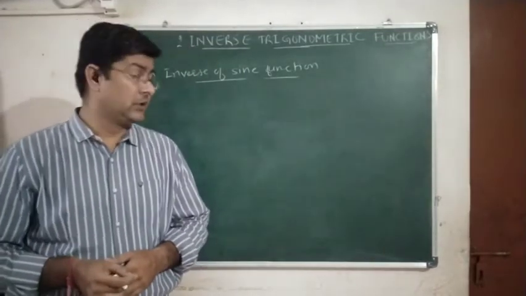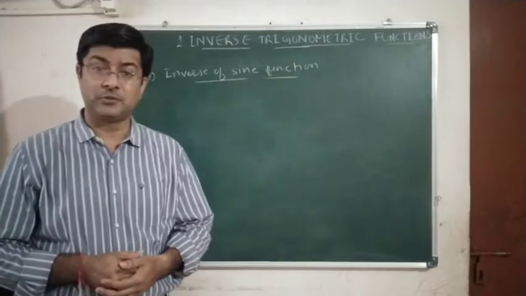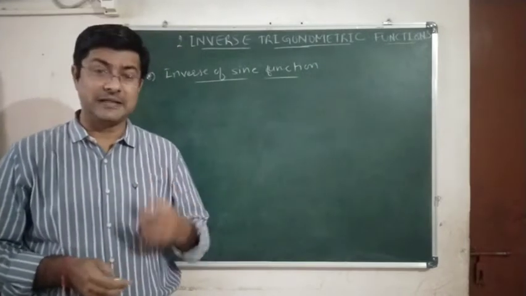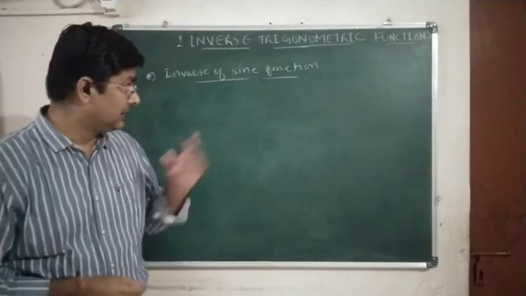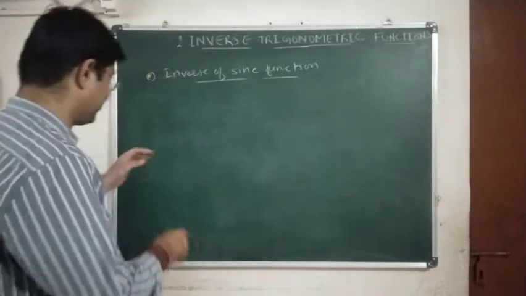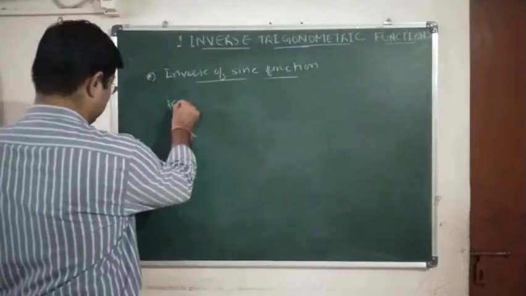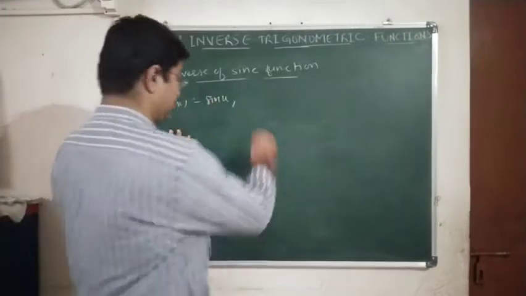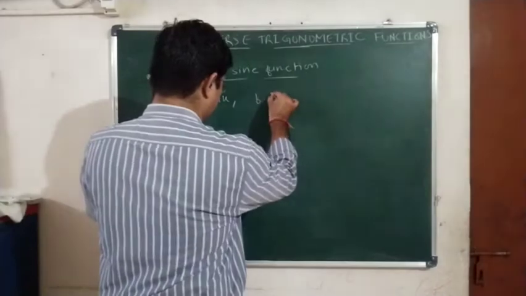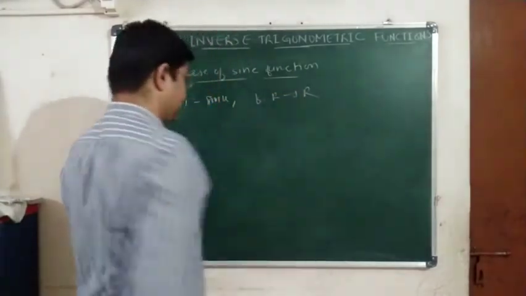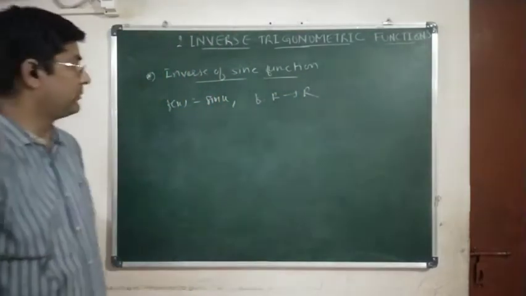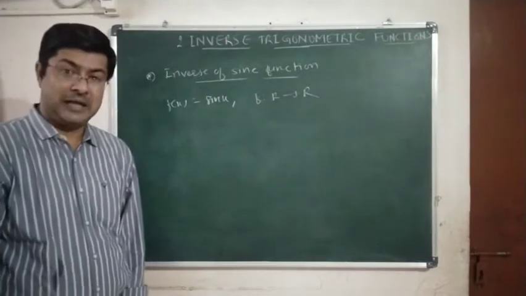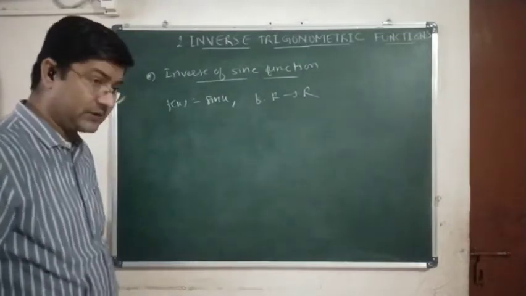Yes or no? Actually, because the condition for a function to be invertible is it must be a bijection, a 1 onto function. Let us consider the sine function. f of x is equal to sine x. Now we know that this function f is from R to R. That is, domain and codomain both are the set of real numbers for this function.